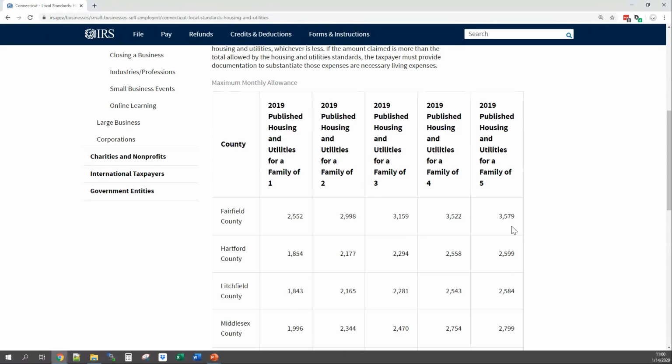What do you mean? I've got 8 kids. I need like a 6-bedroom house. I can't get that for $3,500 a month. Are you kidding me? So here's what you do. Here is the conditional expense trick that I want you to remember for the housing and utility standard. This is the writer-downer.